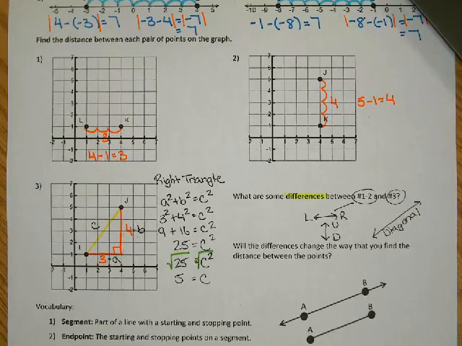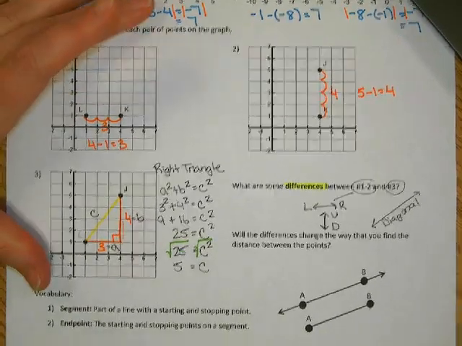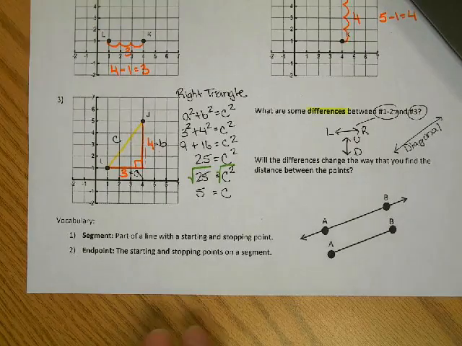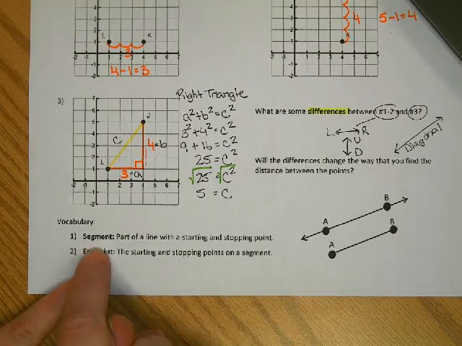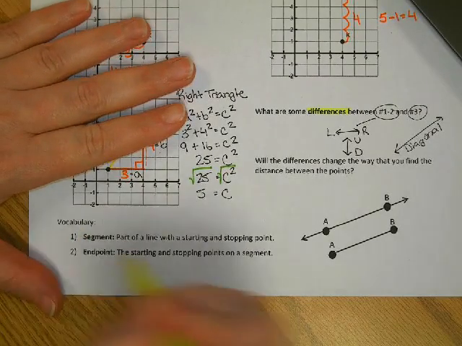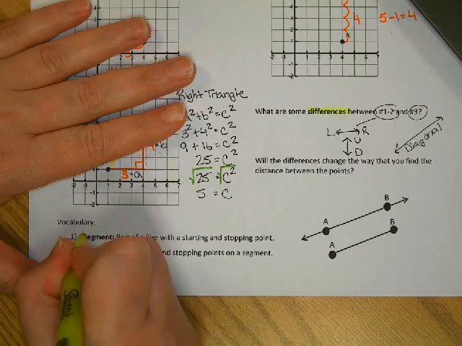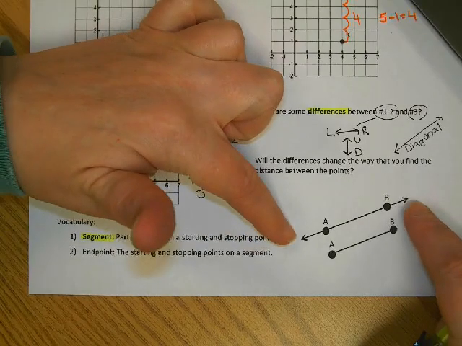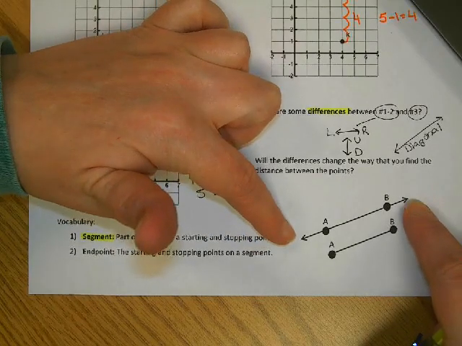So, we need to talk about a couple of definitions. Okay. So, a segment is part of a line. It has a starting point and it has a stopping point. So if we have this line right here, we could call this line AB.